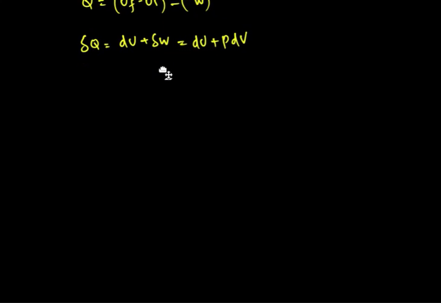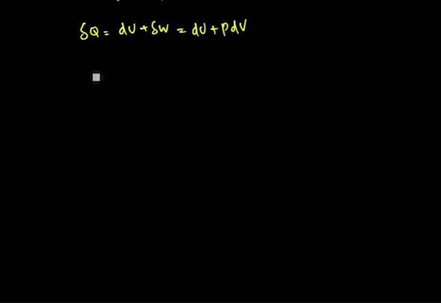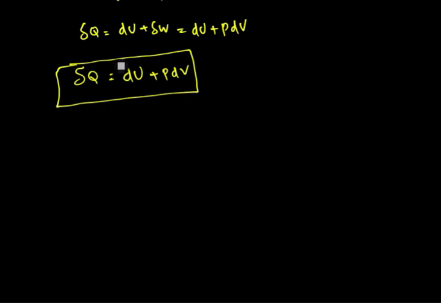Mathematically, we can write this as del Q. The change in heat in a process is given by the sum of the change in the internal energy and the pressure-volume work, or external work, PdV. So this is the mathematical statement of the first law of thermodynamics.